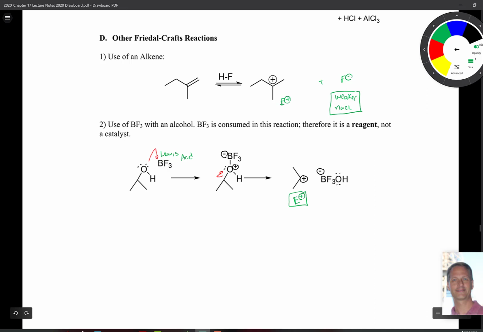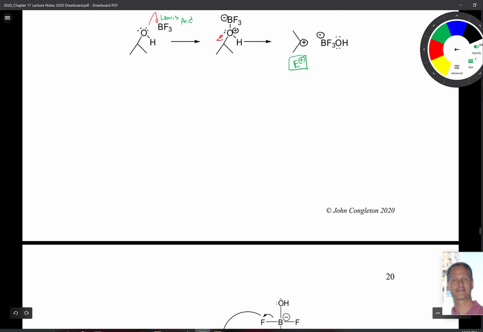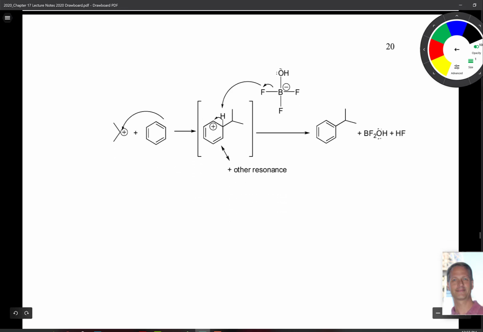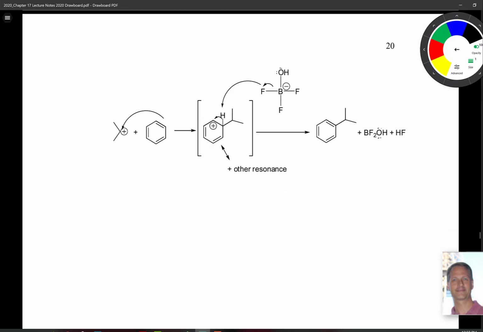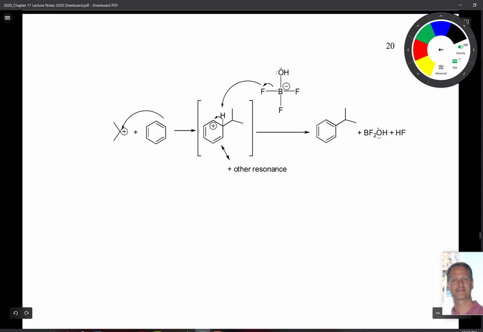And then the rest of the reaction is similar to what we've seen before, right? So looking at that in a little bit more detail down here below, there's your carbocation that forms, right? You have your sigma complex here, and then the resonance in that structure.